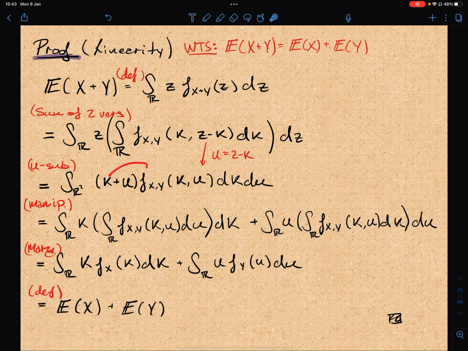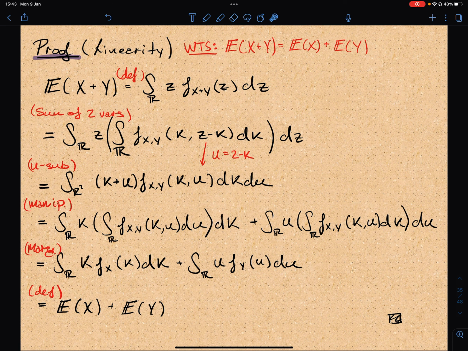Now I'm going to distribute the k and the u and switch the order of integration, du dk to dk du. This is just a manipulation of the integral, and then I have this integral plus this integral, where I've switched the order of integration in the two different ones. In this one, I can do the integral first with respect to u, where we don't have any k dependence.